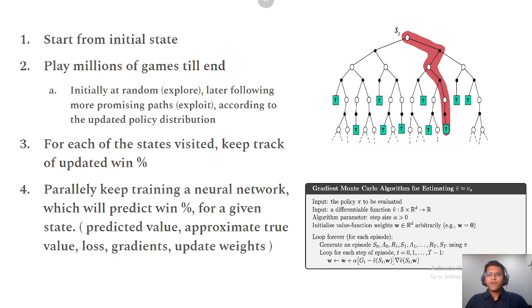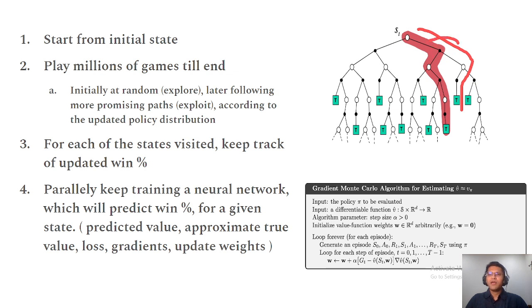Let us say we have played another game which takes a different path in the tree of all possible games. So now you have played two games and visited all these board positions, and at each stage you keep track of the total number of games played and total win percentages.